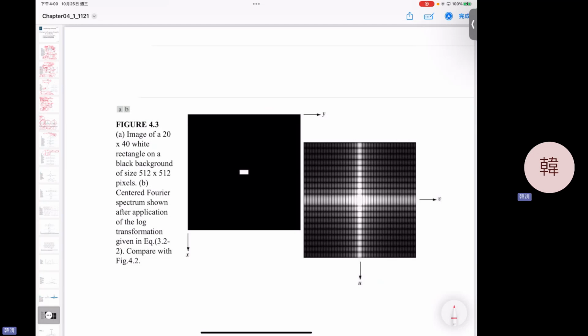So for the Fourier transform, I'm not going to test your mathematical ability, but I want you to have a sense. So maybe I will give you some matching examples. I give the image, and you say what the Fourier transform result is, right? So you have to know the properties of the image. You have to know the spatial domain and Fourier transform.